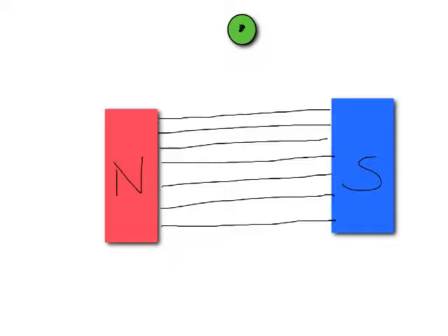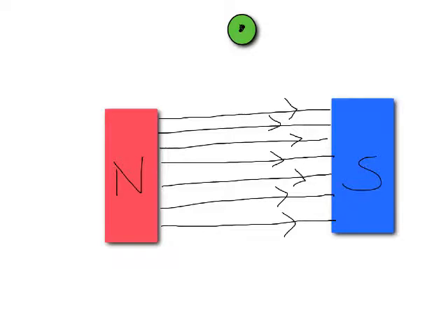We also need to look at the arrows, which always point south when we're doing magnetic field lines. So this is the field pattern in the kind of magnet that you need to make a motor.